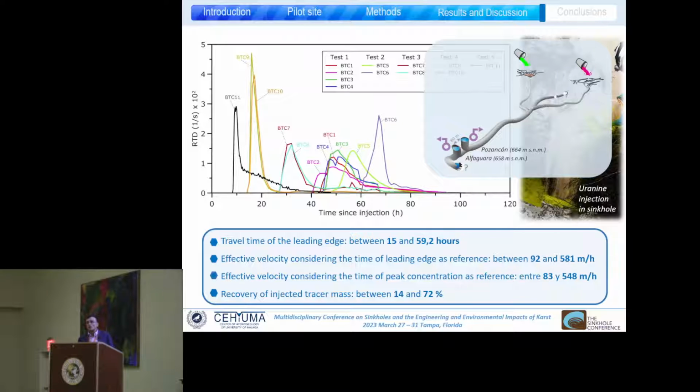Normally they are lower than this. The recovery rate of the injected mass varies between 14 and 72%. So there are different transfer recoveries.